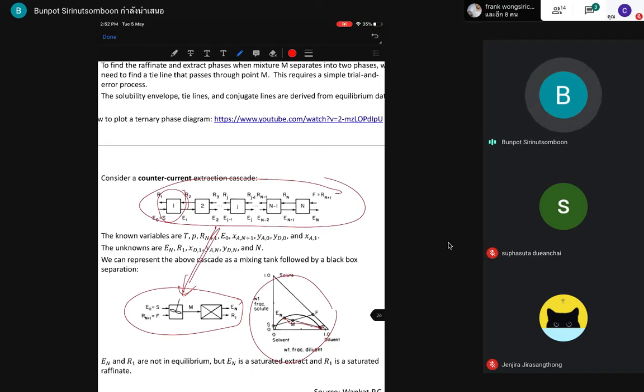In the actual process, you have multiple stages, and the flows go counter to each other. But from this, you can redraw the diagram into this imaginary process.